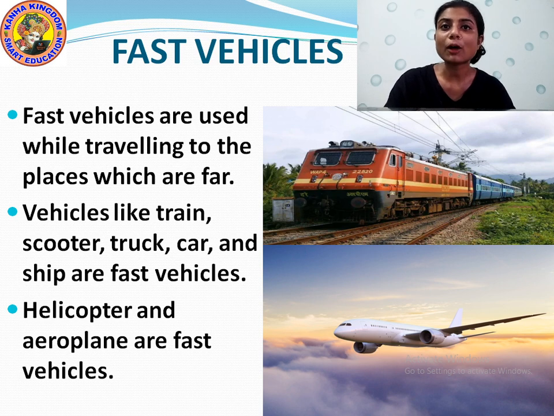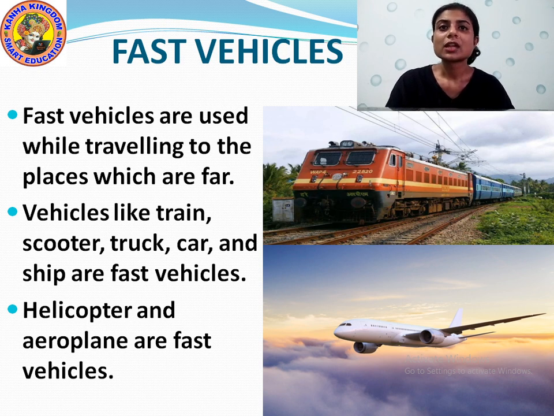Okay. And helicopter and aeroplane are fast vehicles. These are considered as fast vehicles because they help us reach our destination in very short period of time. It does not take so much time as the other vehicles. Understood?